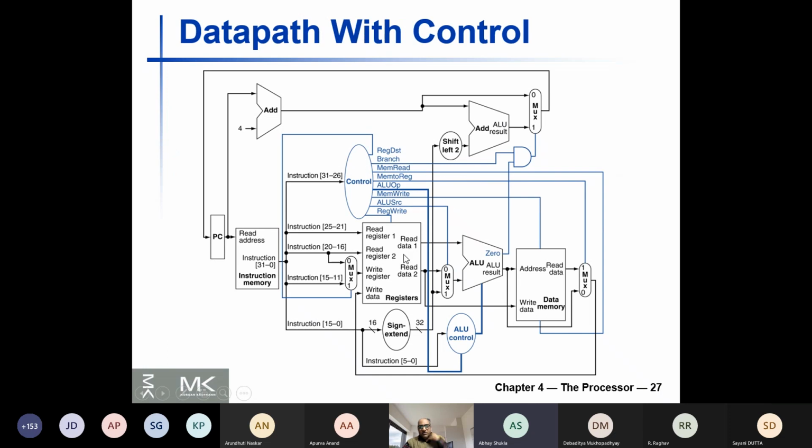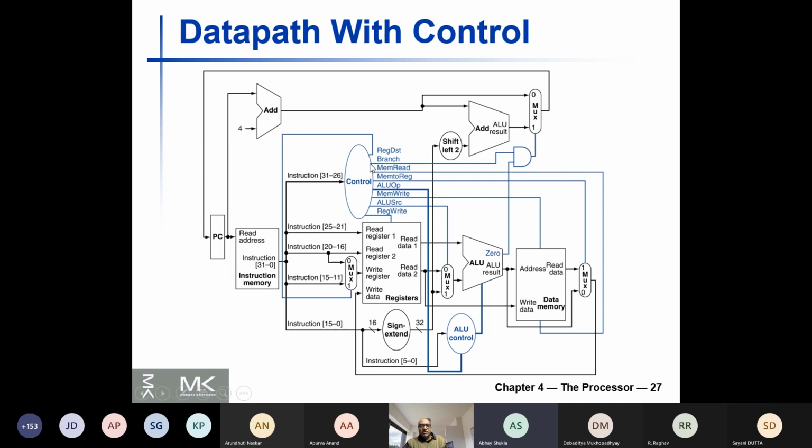And this is what we have seen here. This is the main controller, and these are the various outputs from the controller. In case of a branch instruction, if you look at the way the controller is designed, by looking at the opcode, the controller will know whether it is a branch instruction or not, because the opcode for a branch is like 4 or something.